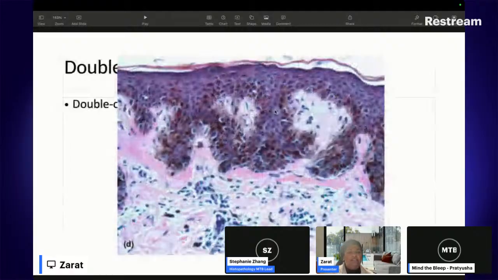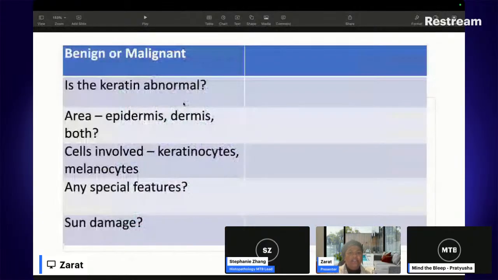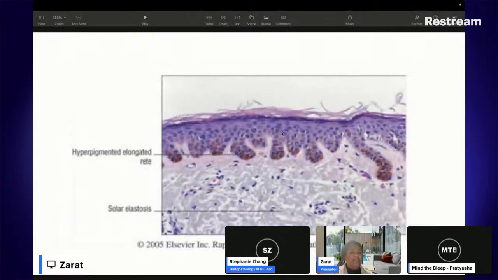And now, which cells are the problem? So again, you can appreciate that these cells have clearing around the nuclei, and these are the melanocytes, and there's lots and lots of them. If you think back to the previous normal skins or even the abnormal skins I've shown, you don't actually have that many melanocytes.